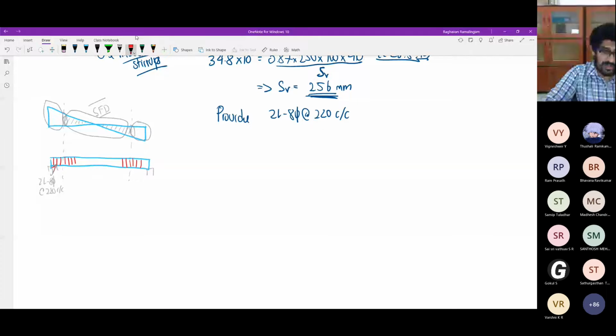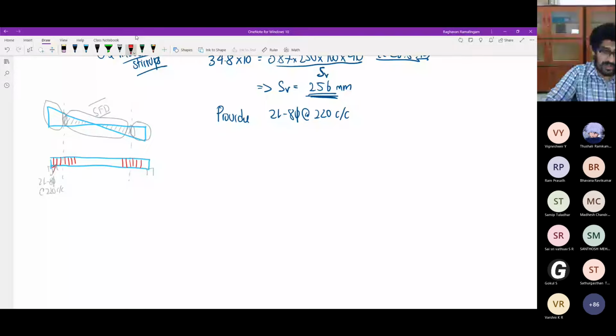But in general, what people do is, for some particular problem, they may calculate a spacing like 2-leg 8 mm stirrups, or even 10 mm, at 100 center to center.